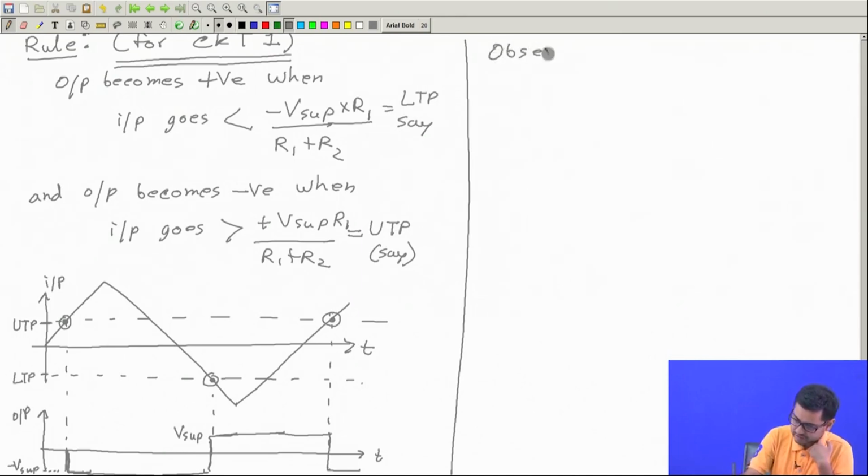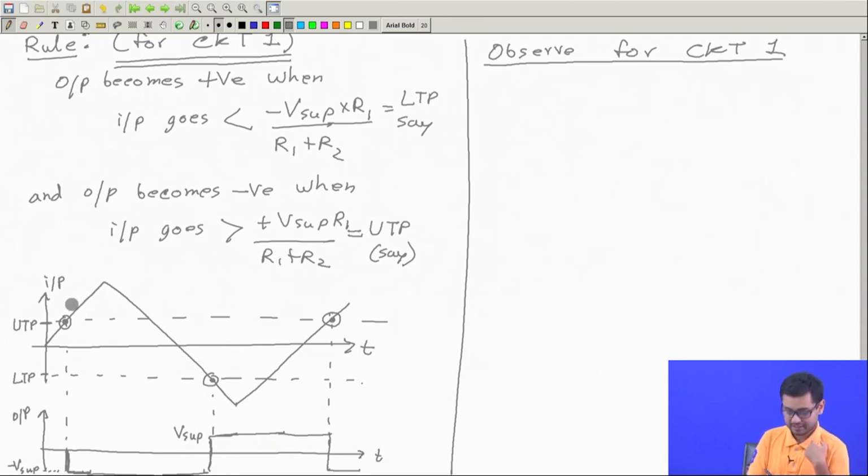Observe, for circuit 1 again, the output decreases when input increases.